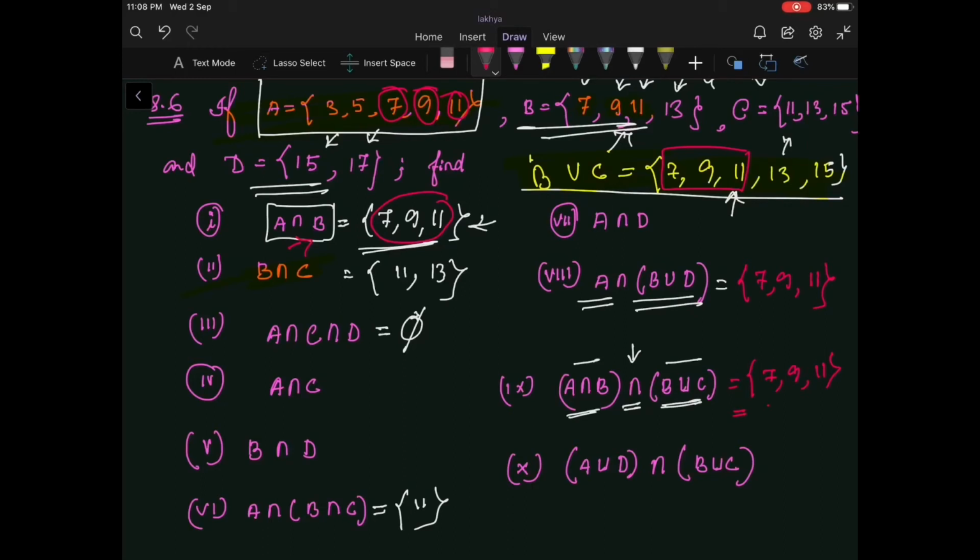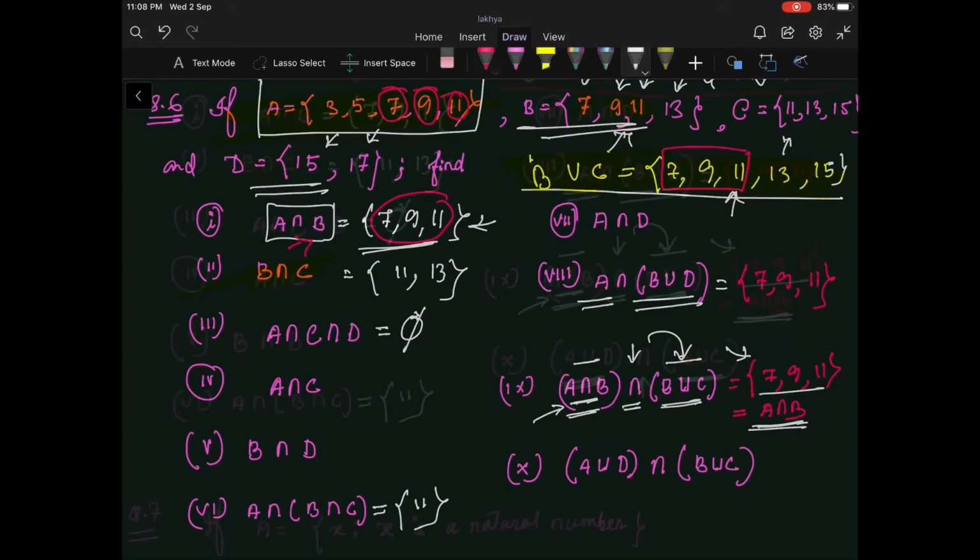Simply you can say set A intersection B. You can write either this set or this result, because elements in this result A intersection B are present in this B union C.